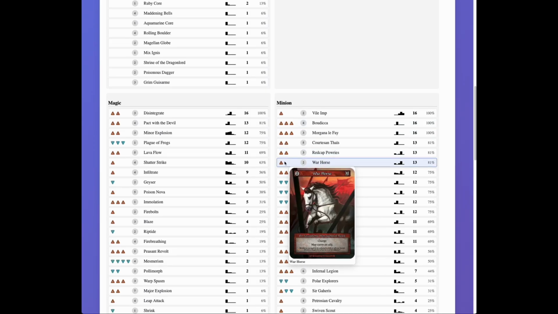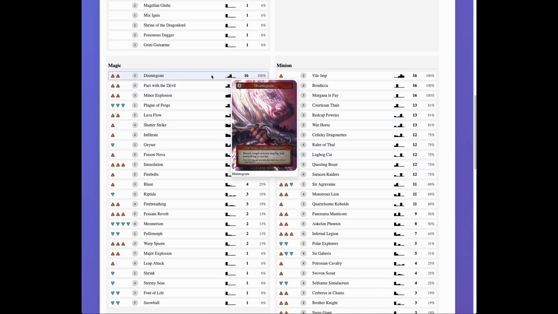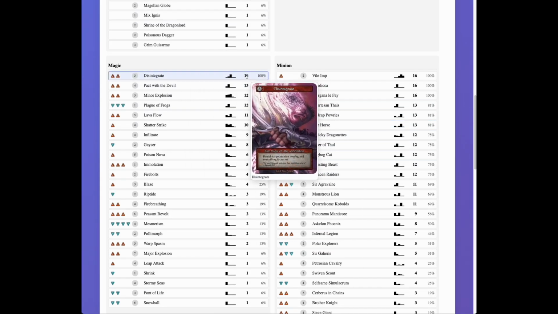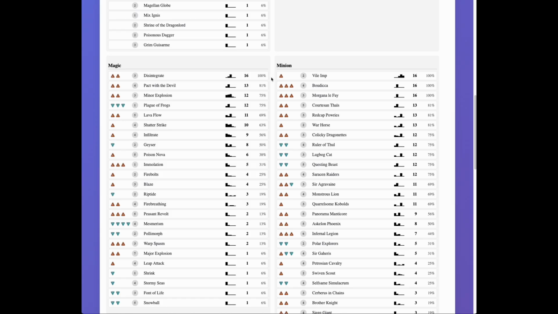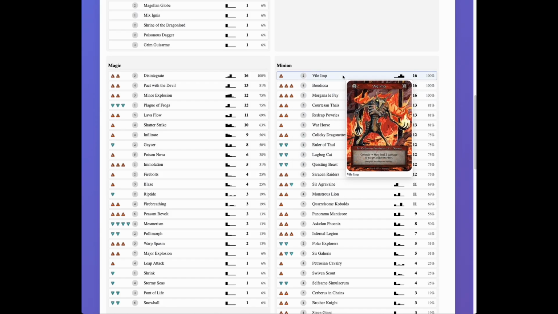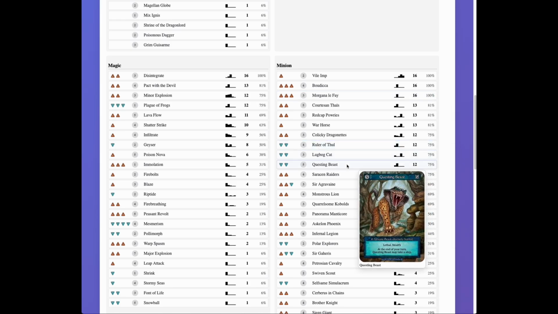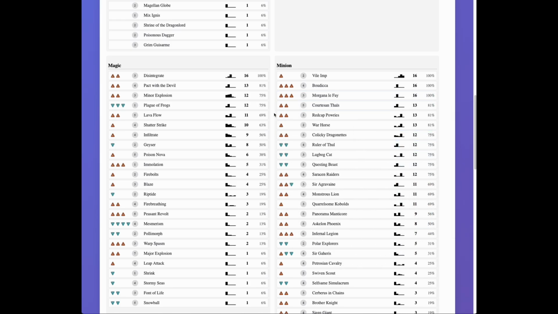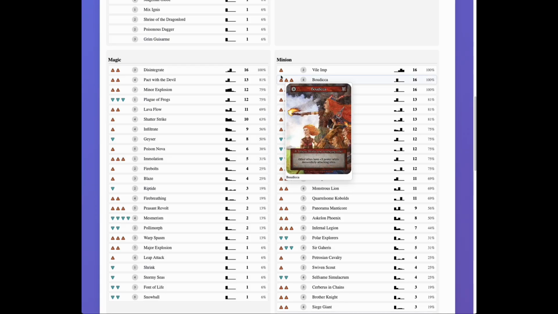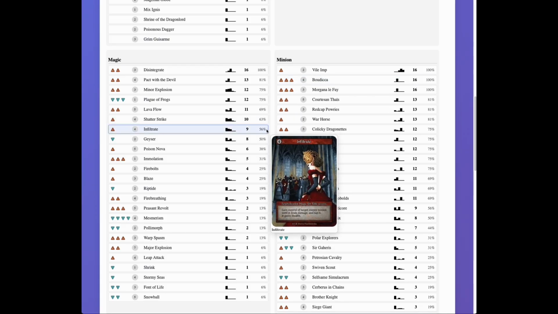If we continue looking, Disintegrate was one of the few magics that was used in all decks, while Valimp, Boudica and Morgana were the minions that were in all of the decks. These are all very strong cards, so it's not surprising. But then it starts to taper off on the magic.